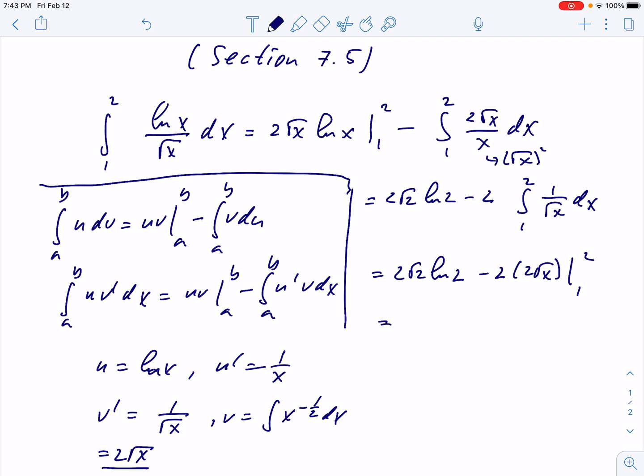Evaluating this expression, we have 2 root of 2 natural log of 2 minus 4 times the quantity root of 2 minus 1, like 2 times 2 is 4, and then for the radical we have root of 2 minus root of 1, which is 1. And practically this is it. This number is our answer.